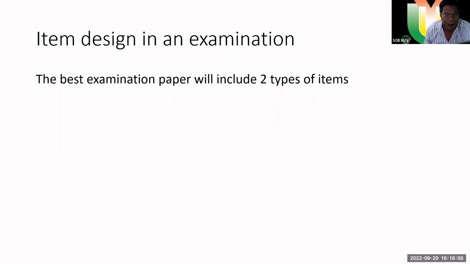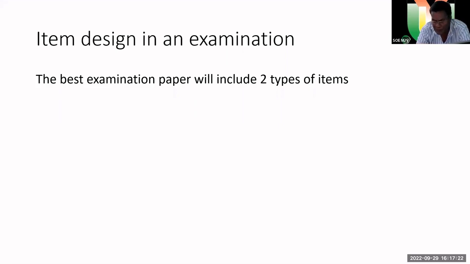Is it clear to everyone? Okay, now you answer me. What are the 2 items that will be included in any examination? Can anyone answer that? What is the best item?